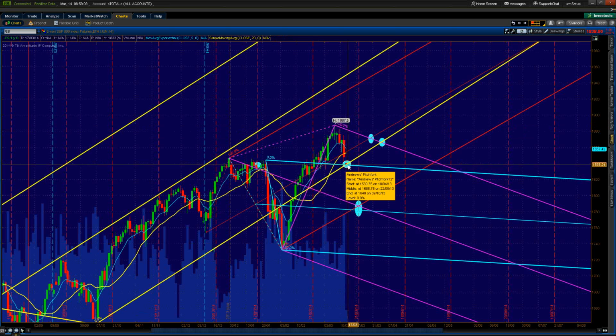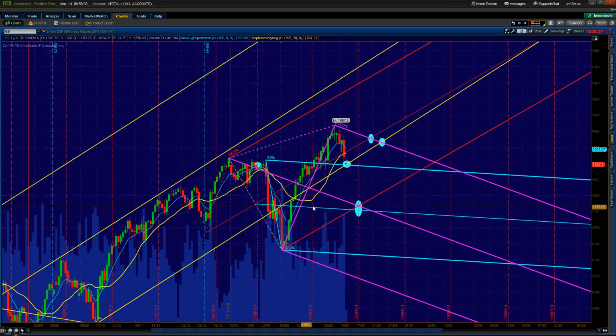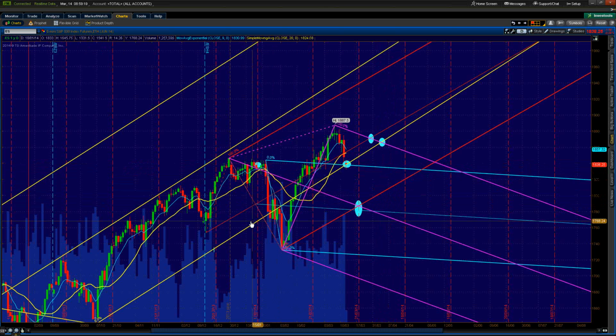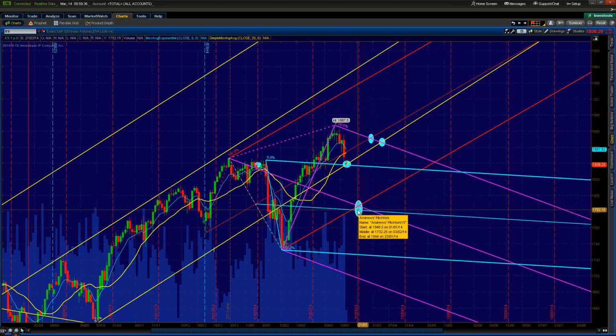We're getting an opportunity to break inside of this intermediate fork that I added a couple weeks ago, and now we're below this intermediate upward sloping fork. We've got to look for the possibility of coming down to this energy point down here, which is scheduled to hit somewhere around March 21st, so sometime next week. So just keep an eye on it.